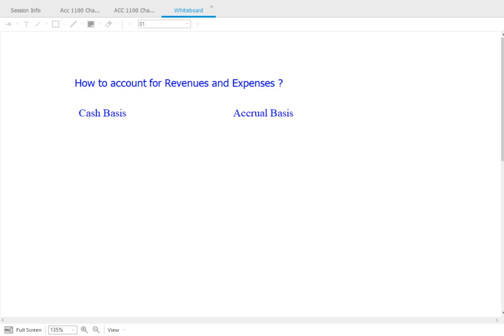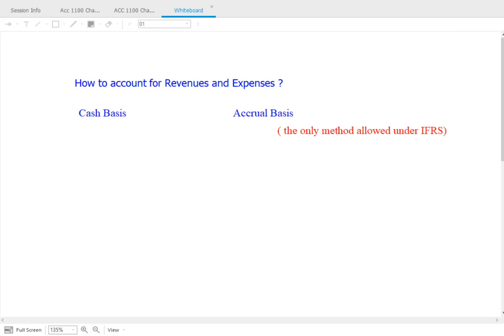Do you remember what we mean by IFRS? IFRS are the International Financial Reporting Standards that we are following. So in this course, we're going to follow IFRS, and the only method that's acceptable under IFRS is the accrual base. Okay? The cash basis is another method maybe used for private enterprises.